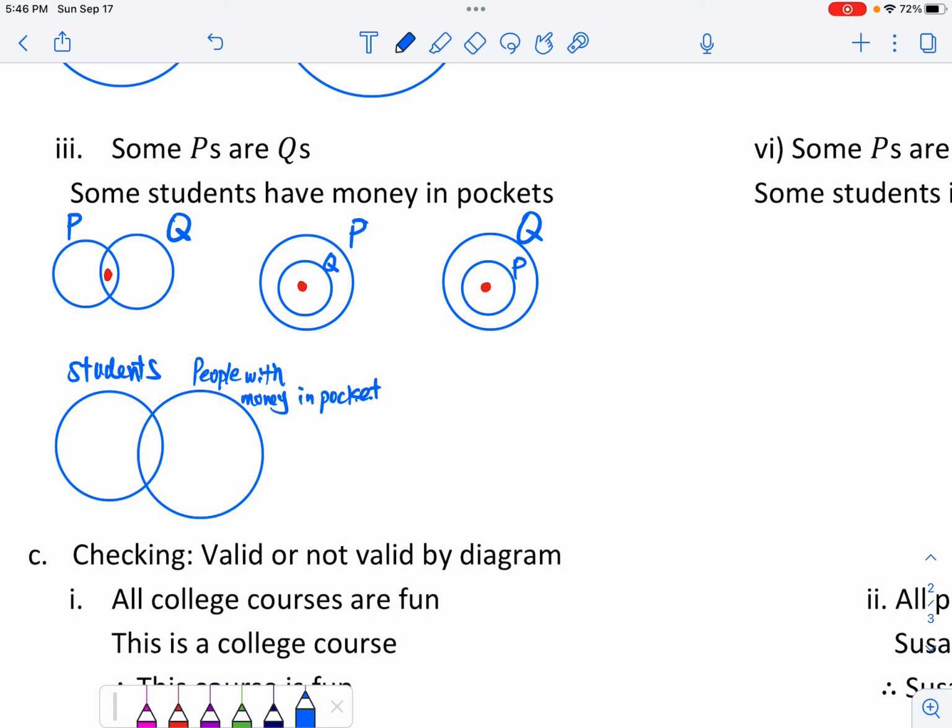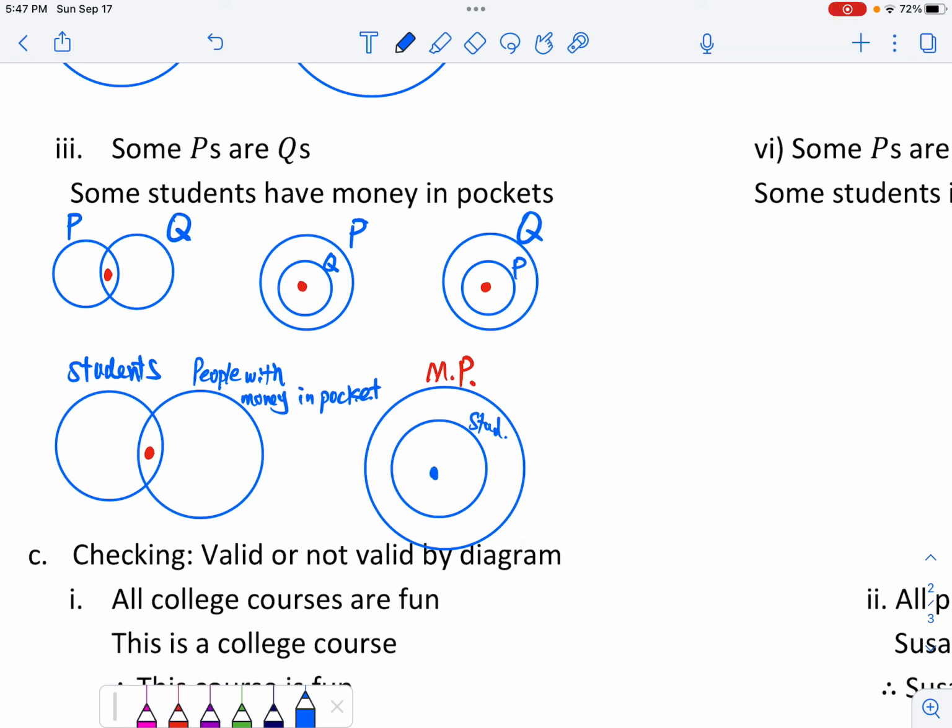Okay, so now this is certainly one scenario. Some students have money in pockets, and then we can certainly draw the next one, which corresponds to this scenario. So I'm going to say this is money in pockets, okay? This outer one represents people with money in pockets, and the inside one is, say, students.